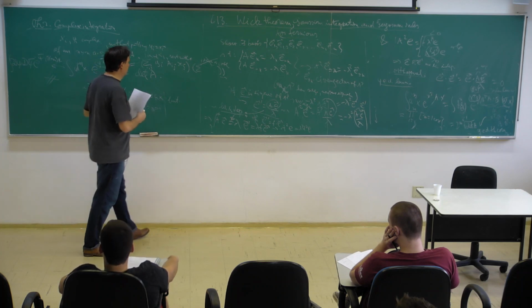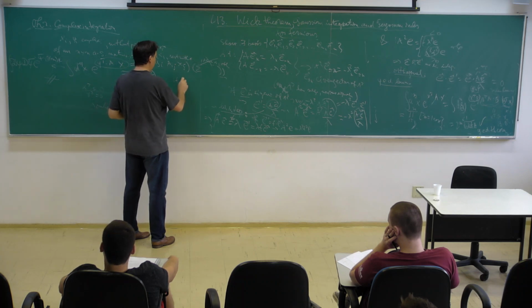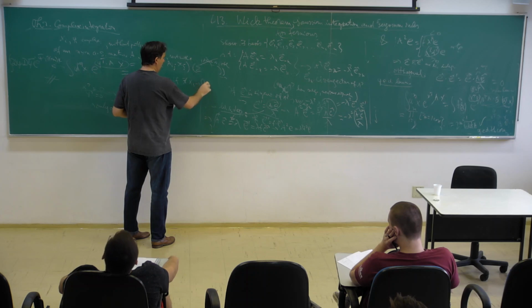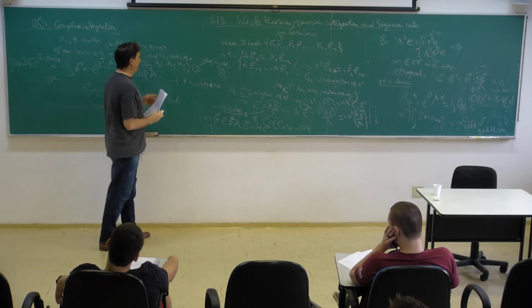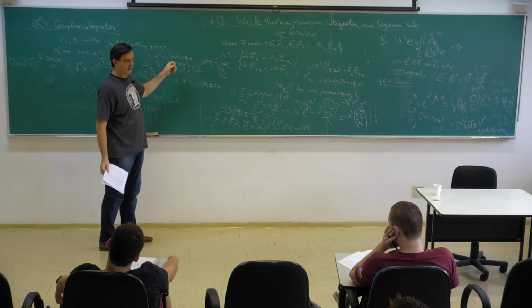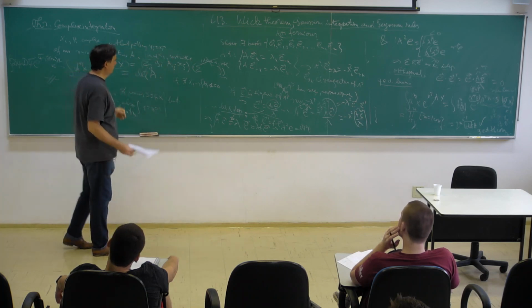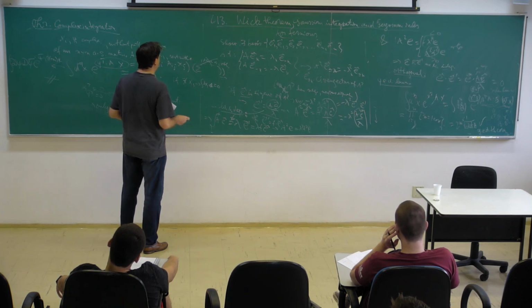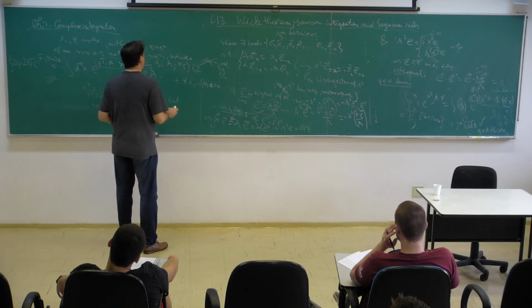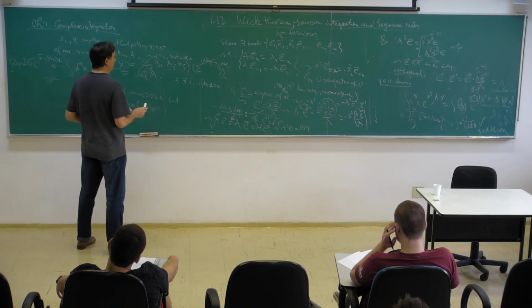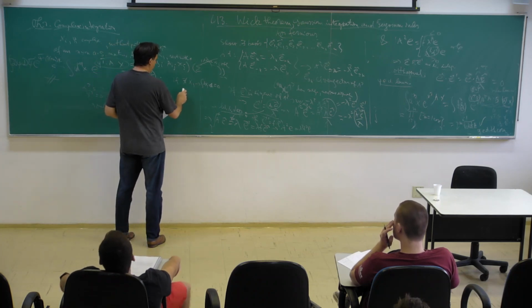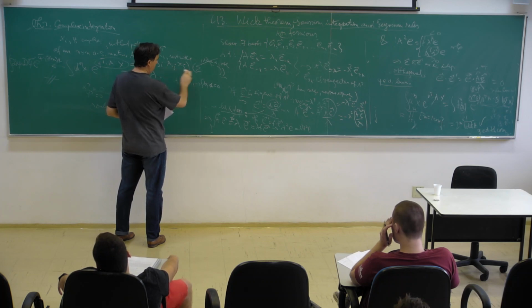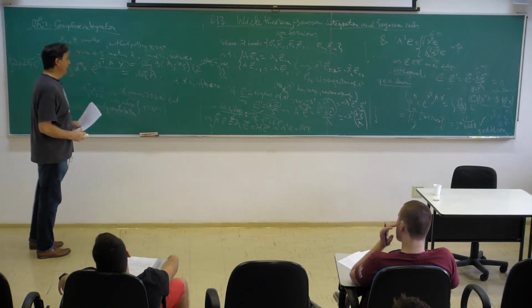If there is no x1, then integral dx1 of 1 is 0. So I have to have exactly one of each, right? So I have to have exactly one of x1 and also one y1, one x2, one y2, all of these things.